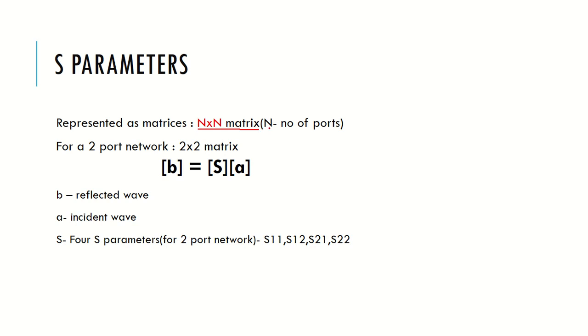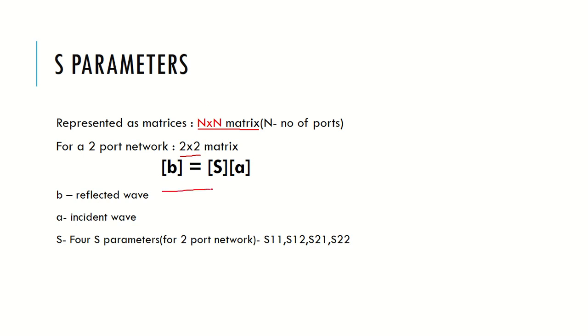If I take a two-port network, I represent it as a 2 cross 2 matrix, because for a two-port network, 4 S parameters are there: S11, S12, S21 and S22. So for 4 parameters, we represent it as a 2 cross 2 matrix for a two-port network. So in general, for n ports, we will have an n cross n matrix.